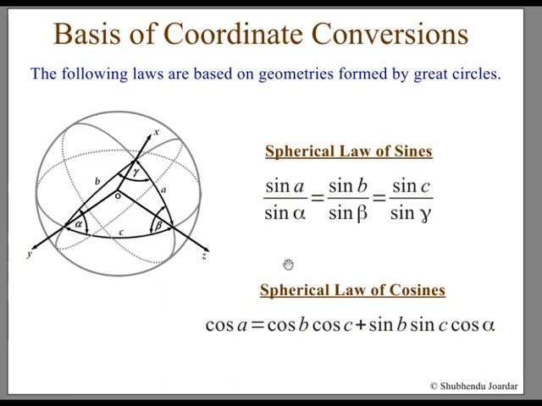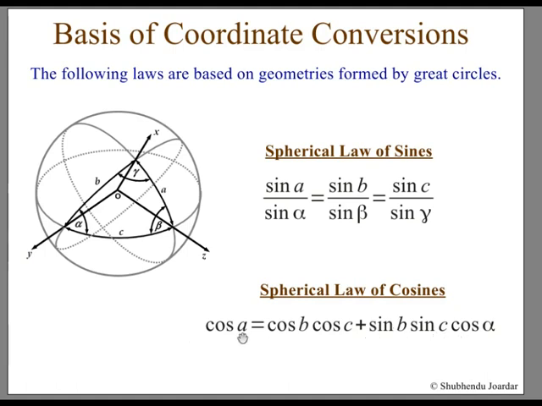If you remember, for the flat triangle, this is sine A by A and is equal to sine B by B and sine C by C, where A, B, C are the angles of the triangle. You can remember this one. And the other one is cos A is equal to cos B cos C plus sine B sine C cos alpha.